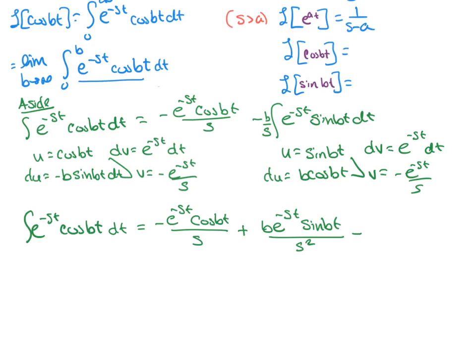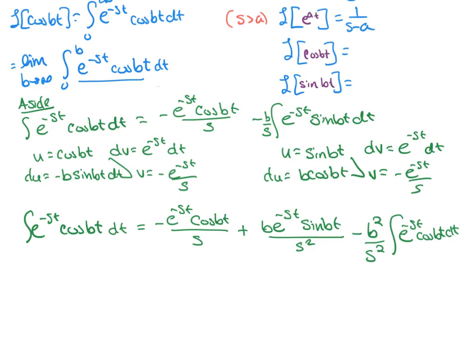Let's see, looks like we have some constants. So we've got two b's and two s's to pull out. B over s from the coefficient in front of the integral, b from the coefficient in the cosine, and s the coefficient of the e. So negative b squared over s squared times the integral, again, of e to the negative st cosine bt dt.